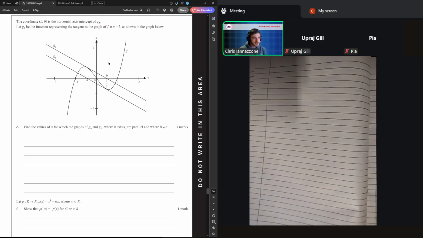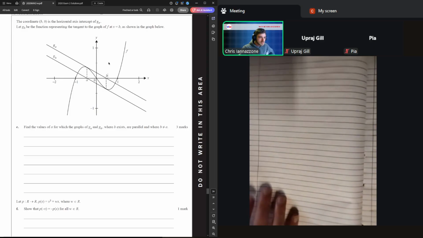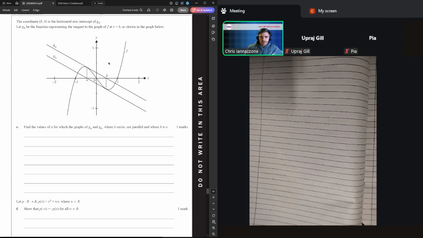And x equals b is still just the x-intercept of the tangent line. So we want to figure out what pair of x values you would take tangents at such that they become parallel to each other. Here with parallel, we're working with gradients, so derivatives are probably going to be important.